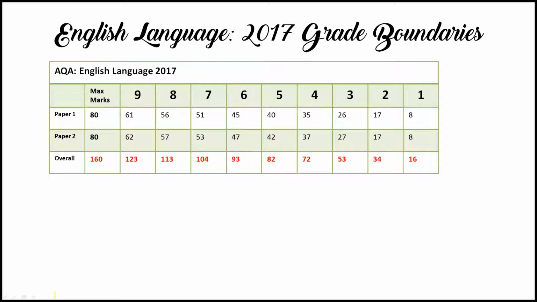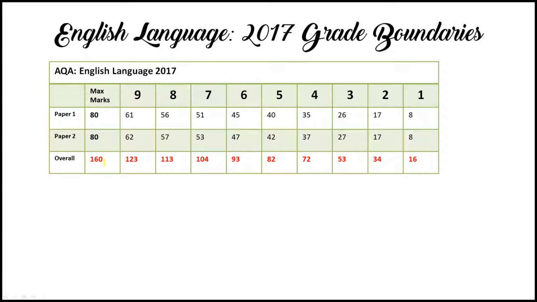As you can see, both English Language Paper 1 and Paper 2 are worth a total of 80 marks, with an overall mark of 160, meaning 160 is the maximum amount of marks you can achieve.